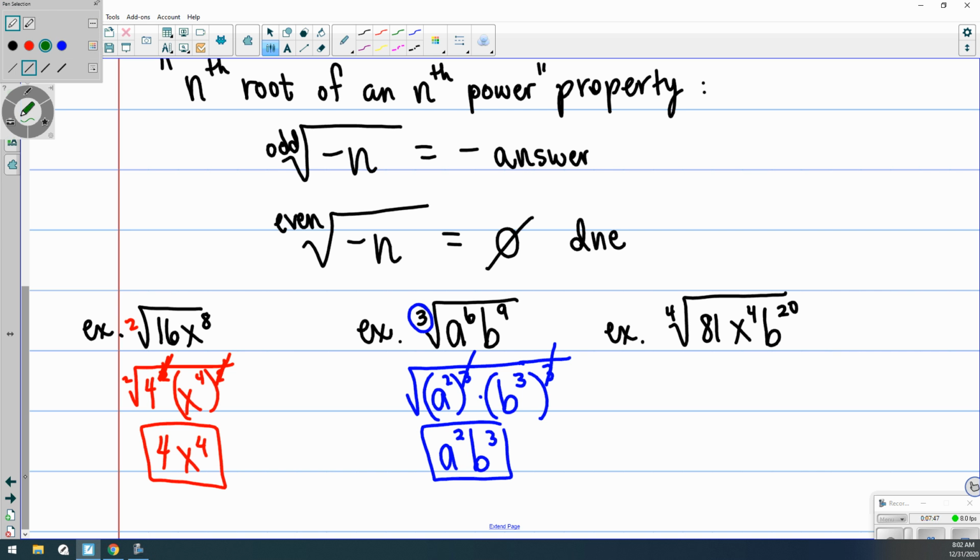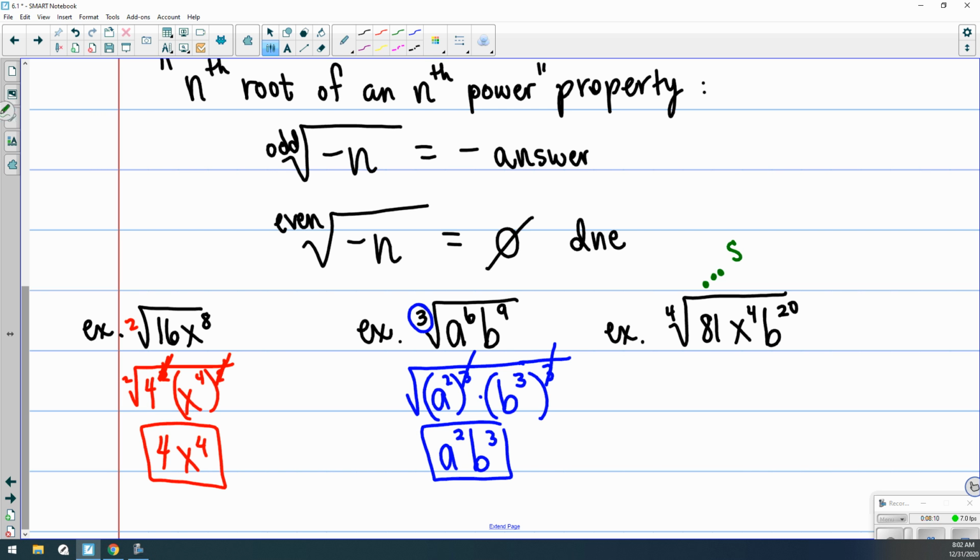All right. Here we go for the last example, 4th power. 4th root, 4th powers are going to cancel each other out. So, what do you know about 81? What do you know about 81? I think it's time for a thought bubble. First thought bubble of the chapter.